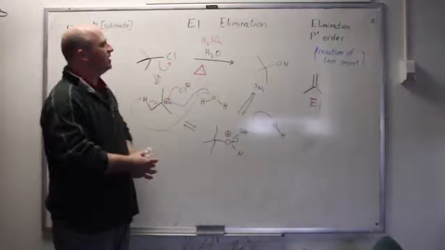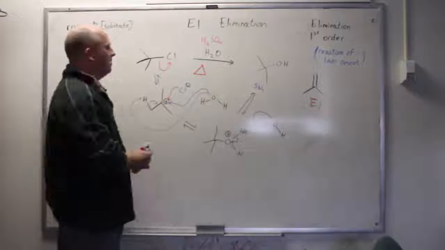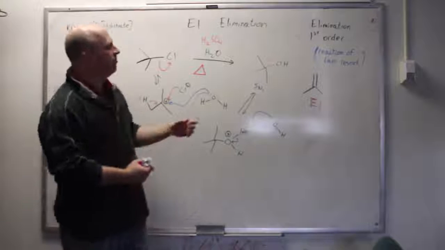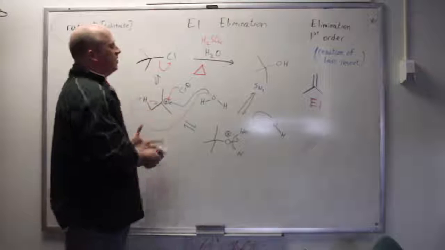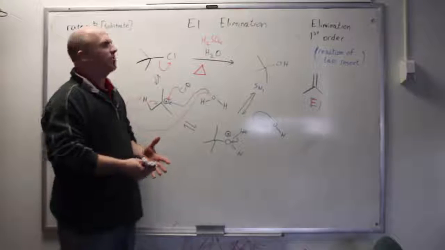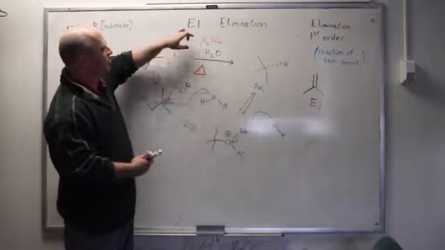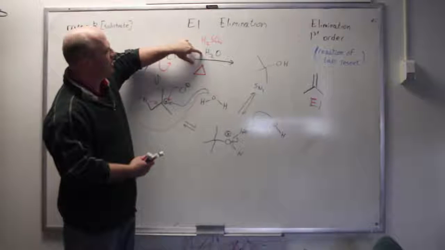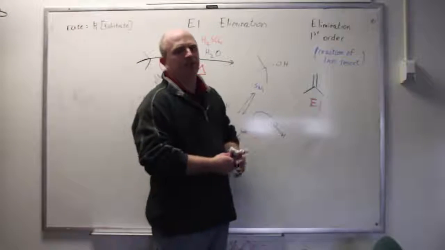So if you have a reasonable base, you never perform an E1 elimination, it instead goes E2. And if you have a decent nucleophile, you don't perform an E1 elimination, you instead make the SN1. So essentially, E1 eliminations only happen when the SN1 is slowed down because of the addition of some acid, which tends to make this a worse nucleophile, or heat, which tends to bias us towards the elimination product.